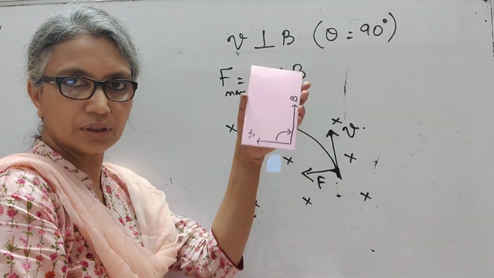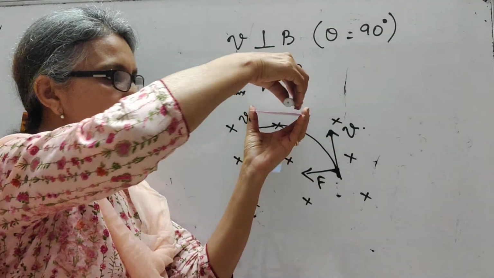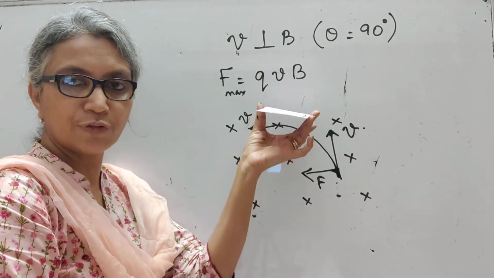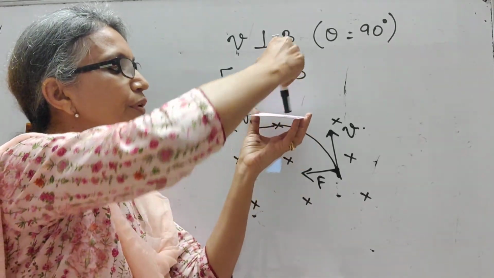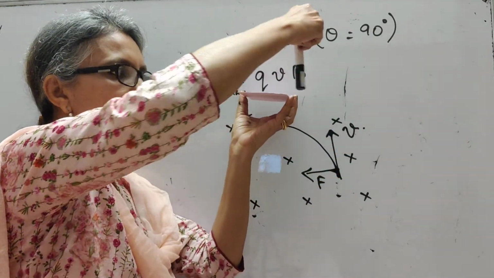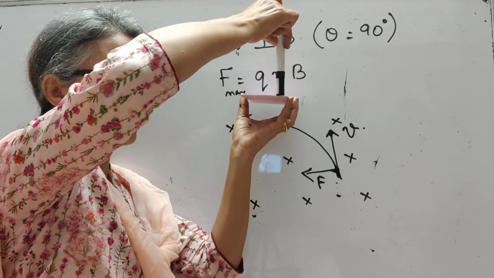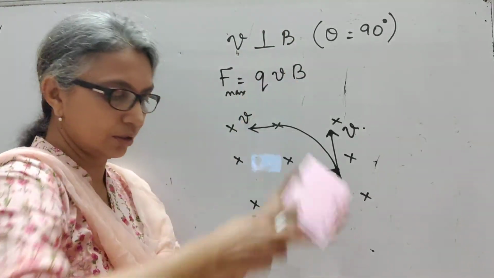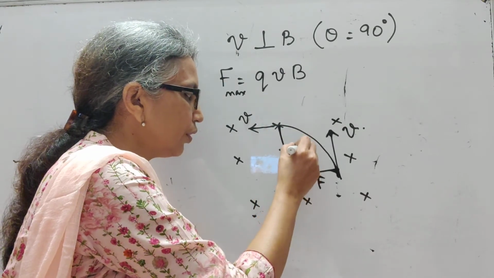Your velocity is like this and your magnetic field is like this. The force has to be perpendicular to this plane. And as I turn from V to B, you will see it's again a clockwise turn. And so your force will be perpendicular to the plane and inwards. So here again it is going to experience an inward force.